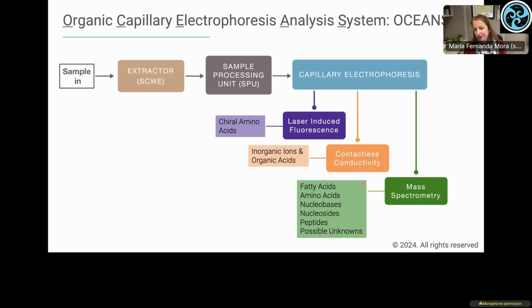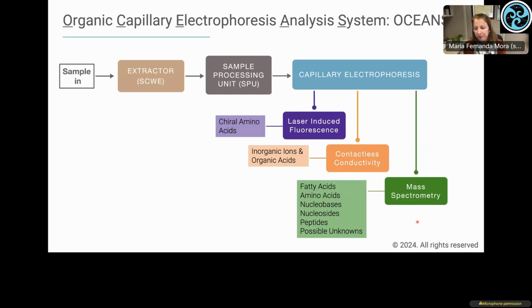So if we are thinking about life as we don't know it, then maybe with mass spectrometry, you can find new molecules that you were not expecting. And again, the sensitivity of mass spectrometry is not as good as laser-induced fluorescence, but for some of these methods, it's still pretty good. So with this, we cover pretty much a lot of the plot that I showed you at the beginning of the chemical space, right?